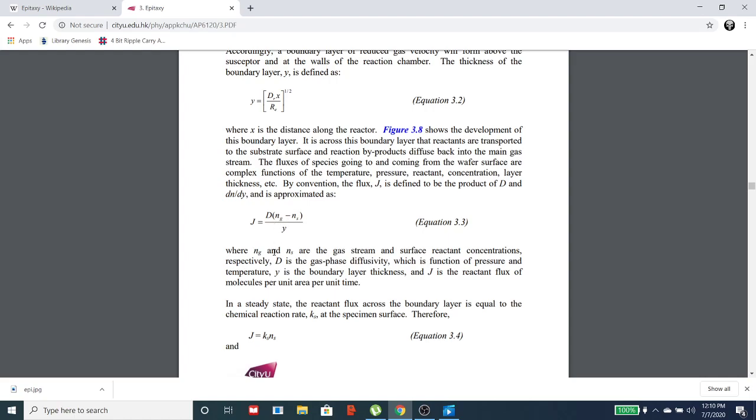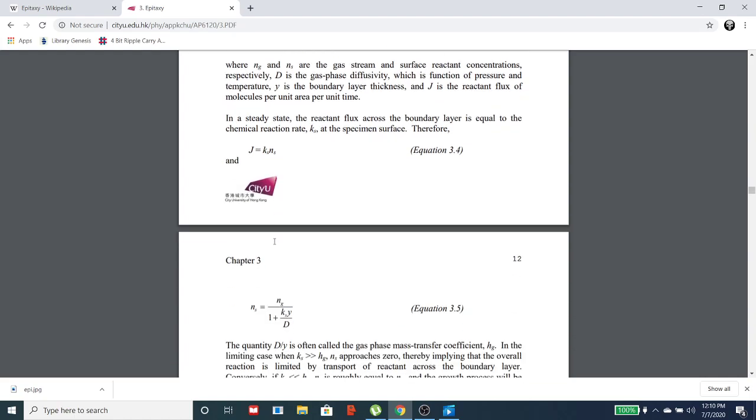N_g is the gas stream reactant concentration, N_s is the surface reactant concentration, D_g is the gas phase diffusivity, that is, at what rate it is diffusing into the substrate, and y is the boundary layer thickness. What we calculate basically from this equation is the reactant flux of molecules per unit area per unit time. This is what we're going to calculate.